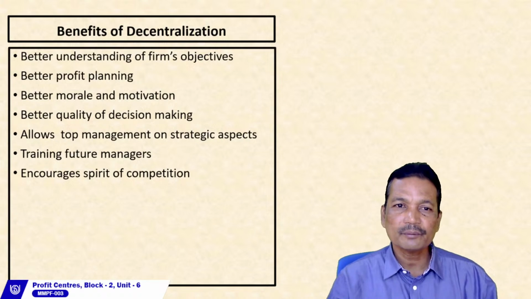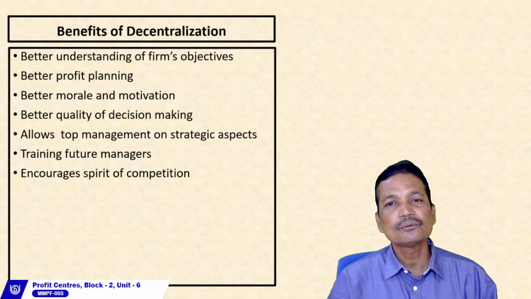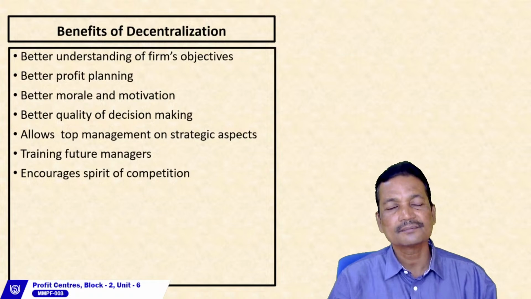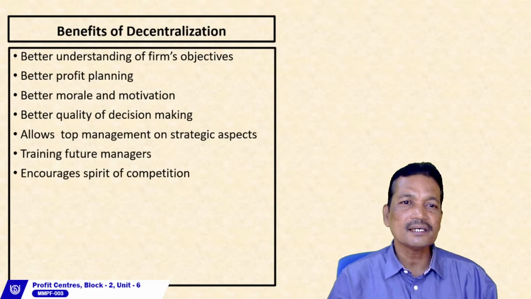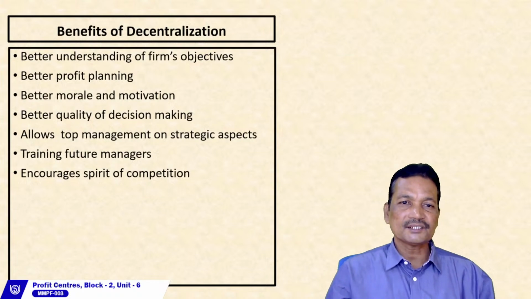So thereby what we mean, we take the firm's objective and we try to decentralize that objective into various divisions. So various divisions will clearly understand the firm's objectives and what they have to achieve.